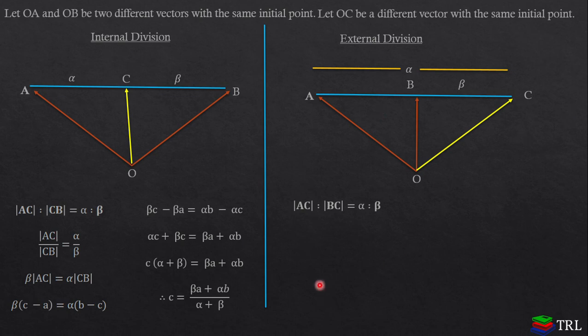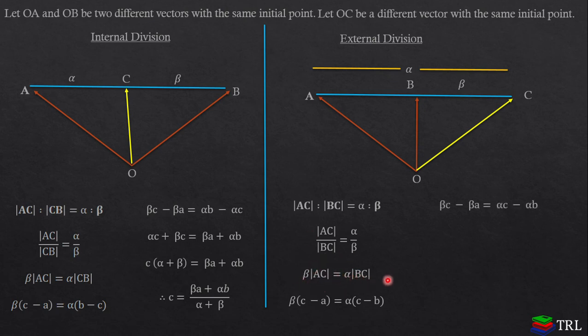So we have in the initial expression that the magnitude of vector AC is to magnitude of vector BC equals alpha is to beta. That is, move from A to C and then B to C. So we have this expression, which means that we have beta times the magnitude of vector AC equals alpha times the magnitude of vector BC.